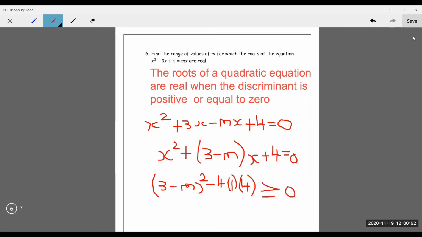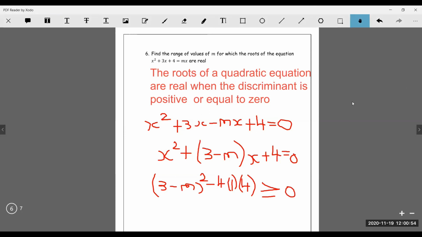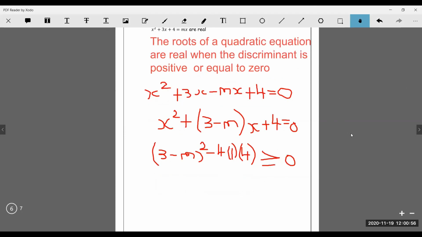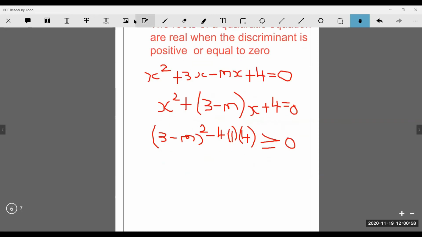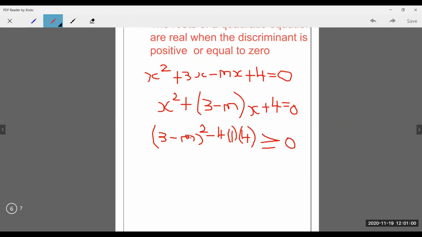All right, so now let's go ahead and solve this inequality. To solve this inequality is very simple. All we have to do is expand this square: first term squared, which is 9, minus twice the product of the two, which is minus 6m, plus the second term squared, which is plus m squared, minus 16, and that is greater than or equal to 0.